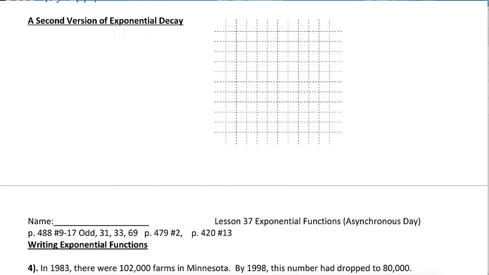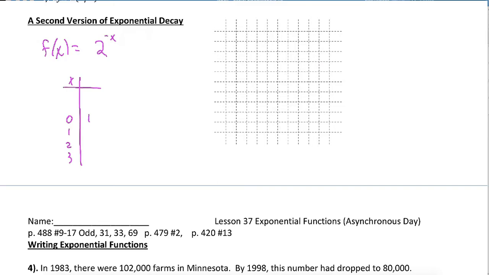Or we could say that our original function, we still have a nice simple base of 2, but if we put a negative in front of our exponent, that will accomplish the same thing as making our base into 1/2, because now whenever I have a positive x value, that would translate to a negative exponent because there's a negative right in front of it.